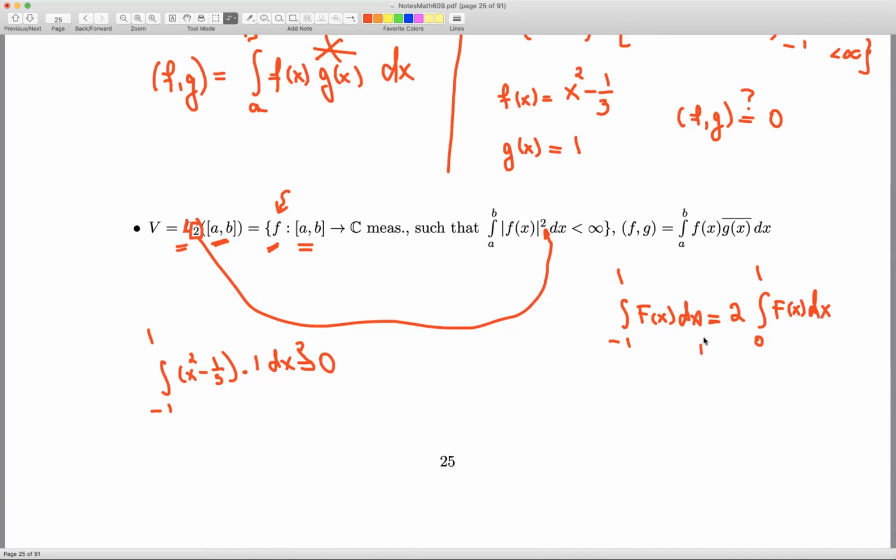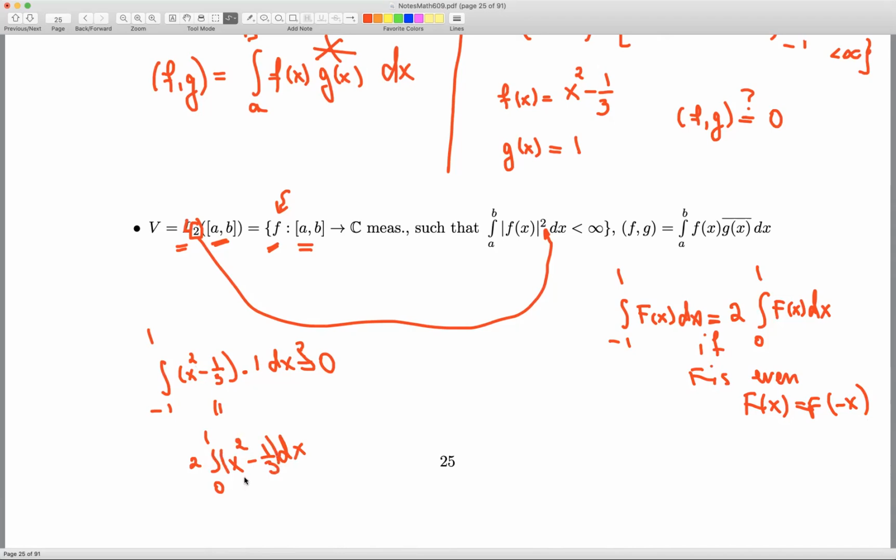What does it mean that the function is even? That means that f of x is equal to f of minus x. So apparently this function here is even because all the powers of x that participate here are even powers. So this integral then will be equal to twice the integral from 0 to 1 of x squared minus 1/3 dx.